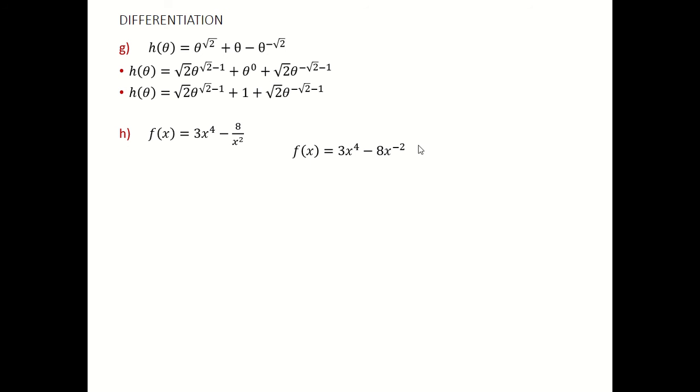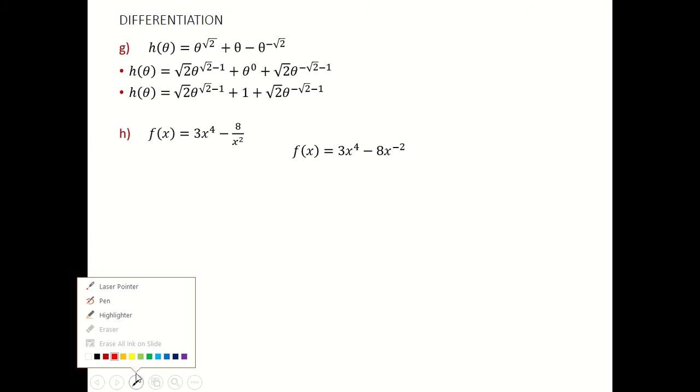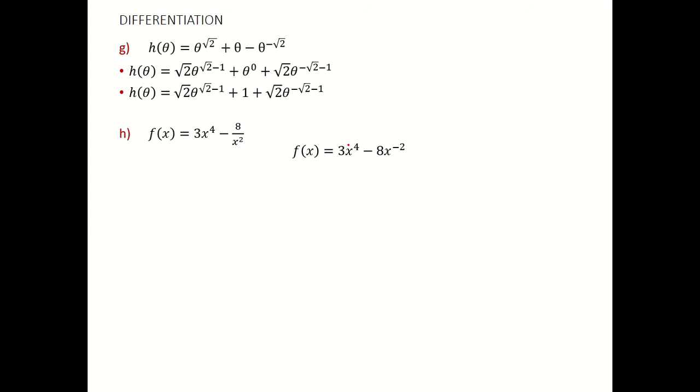What you need to do is to write it in this form first. And that's what you will get, okay?